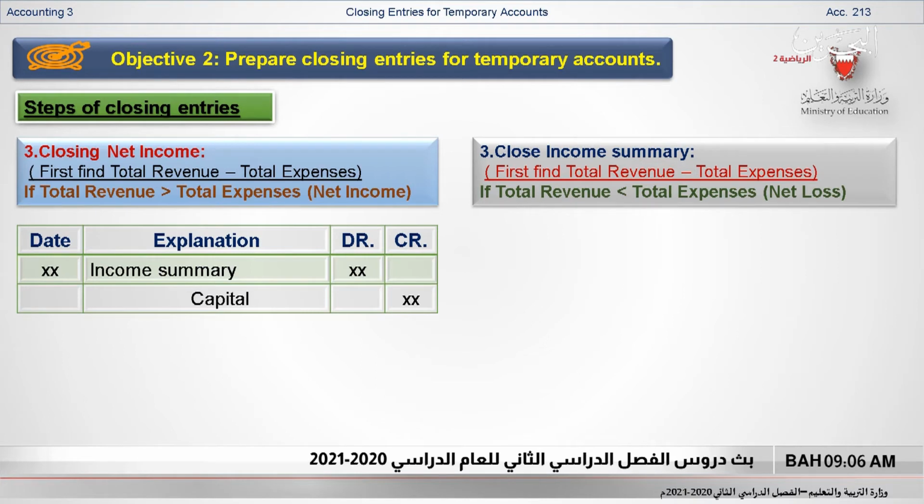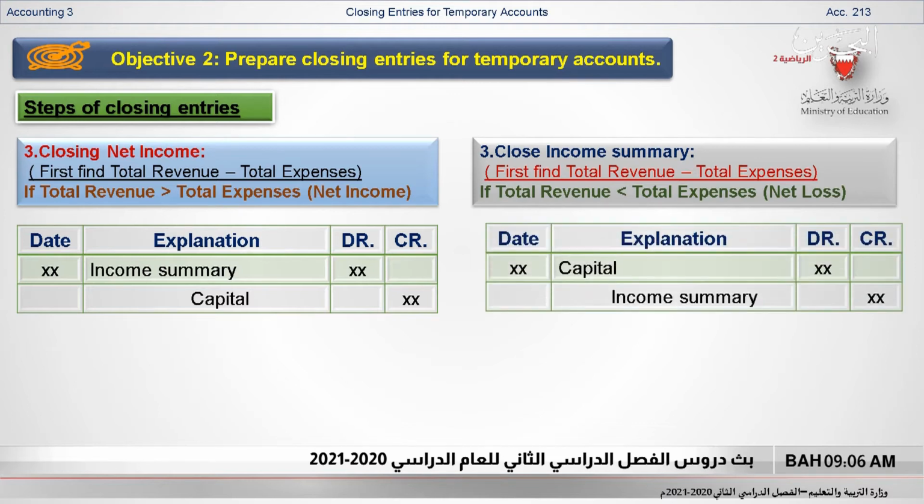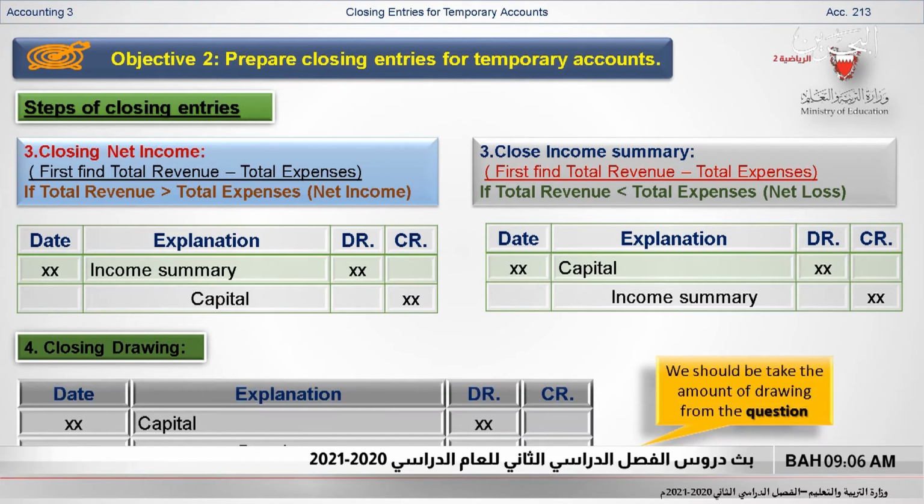But if the company reported a net loss, you have to debit owner's capital for net loss and credit income summary. The fourth step is to close drawing account. The journal entry of closing the drawing account includes a debit to the owner's capital account and a credit to the drawing account.